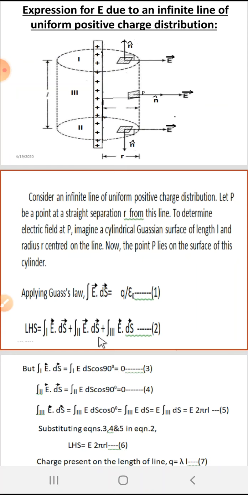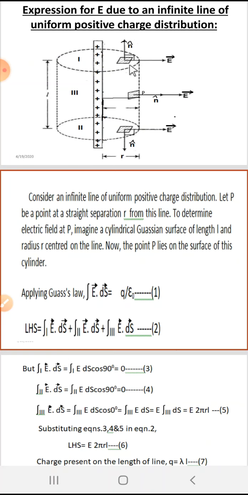When you add these three, we get the LHS over the entire Gaussian cylinder, and we have to find these values separately. First, the integral of vector E dot vector ds over the first surface.